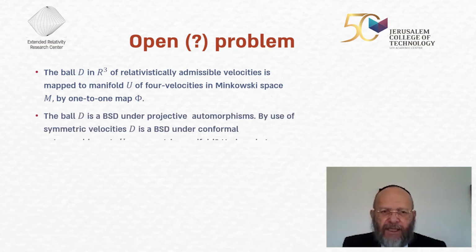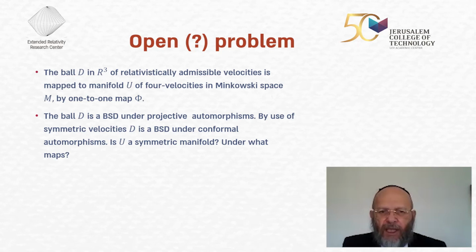And we have seen the ball D is a bounded symmetric domain under projective automorphism. And if you look in my book, if you use symmetric velocities, which we'll do in the exercises, this bounded symmetric domain becomes one under conformal automorphism. So you have two ways to represent this ball, either by projective automorphism or by conformal.